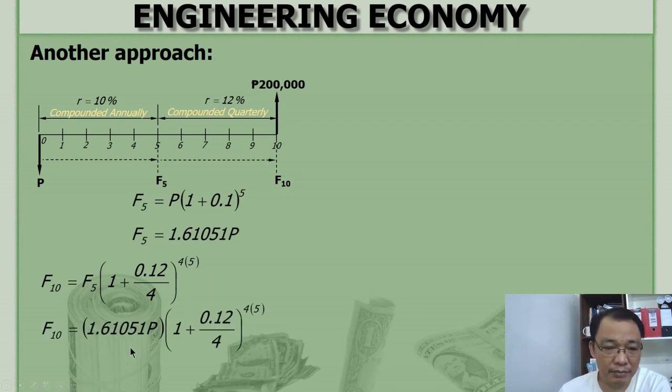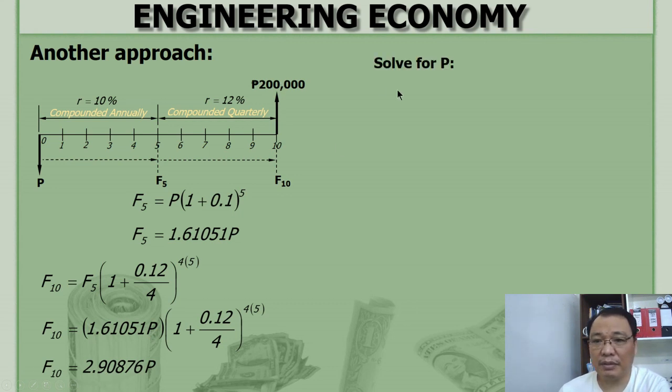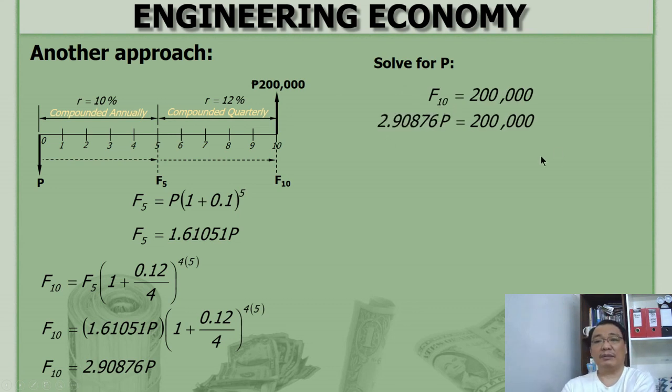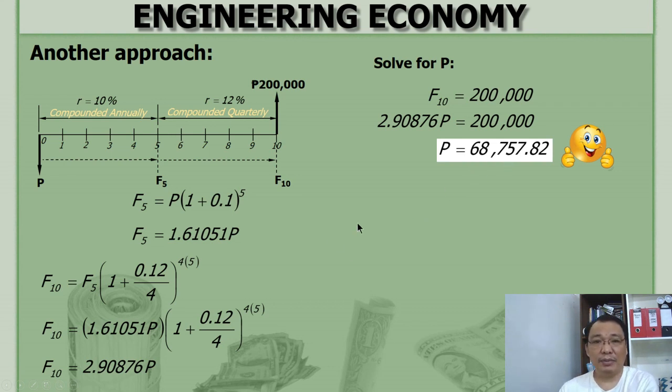Substitute the F5, and F10 is equated to 200,000. So solve for P. Same answer, 68,757.82. When you solve, it depends on you, on how you project.